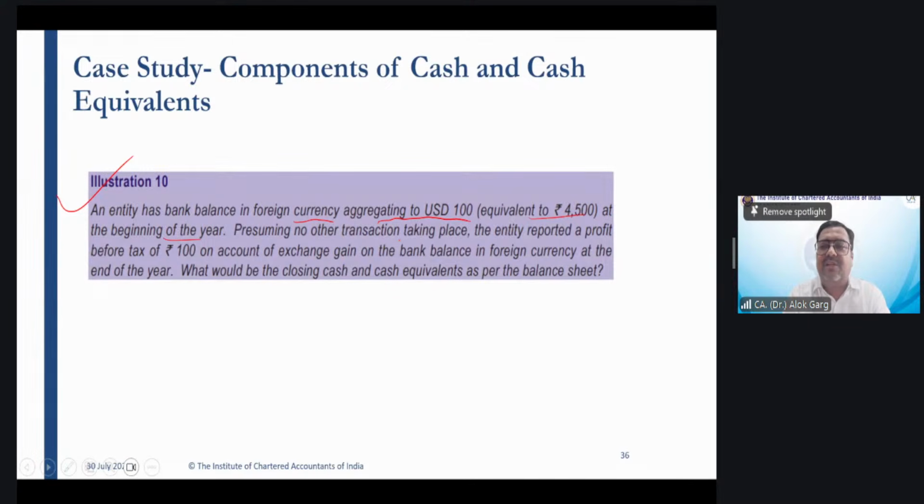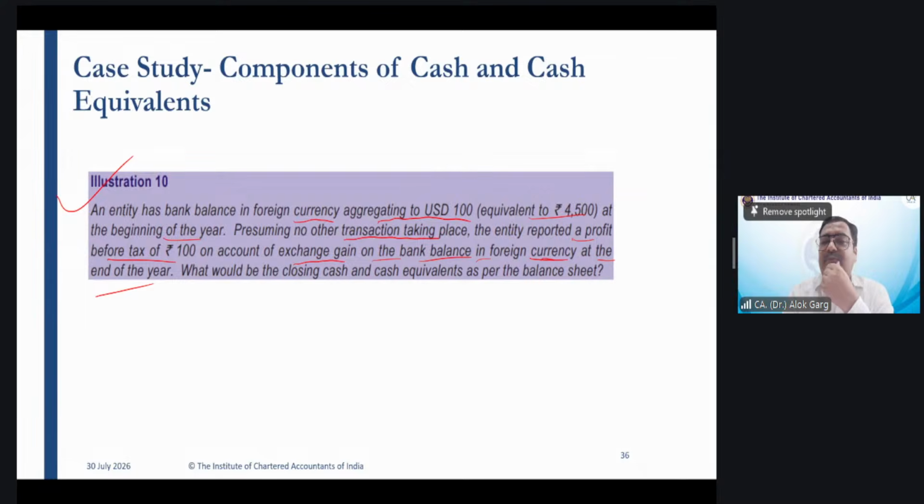Opening cash and cash equivalent 4,500 rupees. Assuming no other transaction taking place, the entity reported a profit before tax of rupees 100 on account of exchange gain on the bank balance in foreign currency at the end of the year.